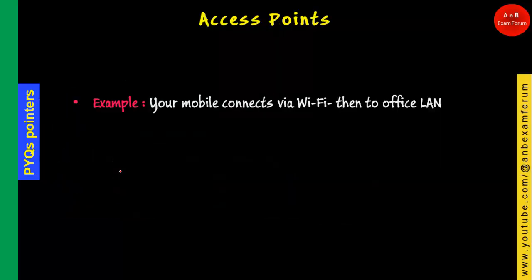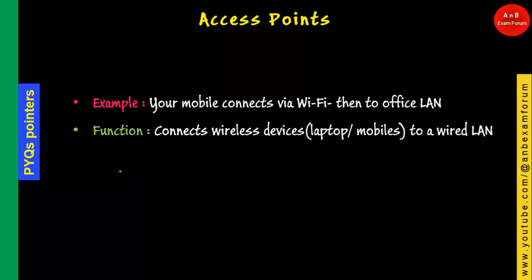The next is the access point. For example, you want to connect to the Wi-Fi, or to the office LAN. Nowadays everybody normally uses hotspot and Wi-Fi, so basically we are connecting through access points. The access point's main function is that it is going to connect your wireless device, which can be a laptop or mobile, to the wired network, that is the wired LAN.